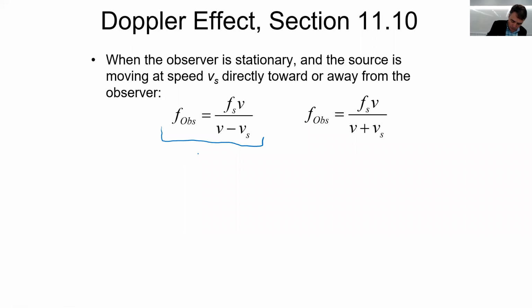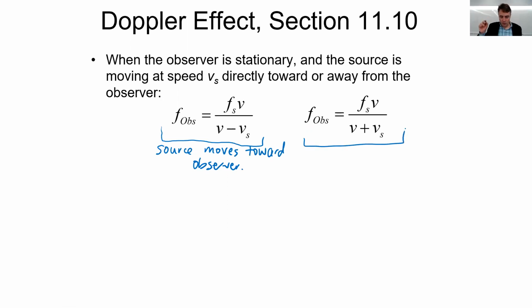What Atkins does is put a plus or minus in these equations, and I find that incredibly confusing because it's just one or the other, right? Or the source is moving away.